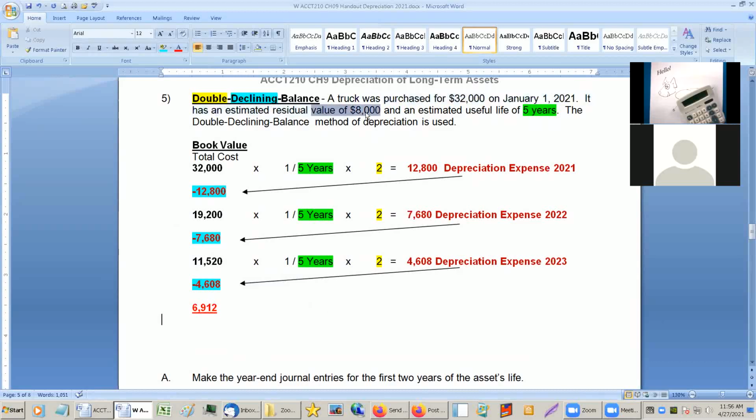Yeah, the residual value is 8,000. We can't go below 8,000. So we cannot depreciate this amount for 2023. Too much.